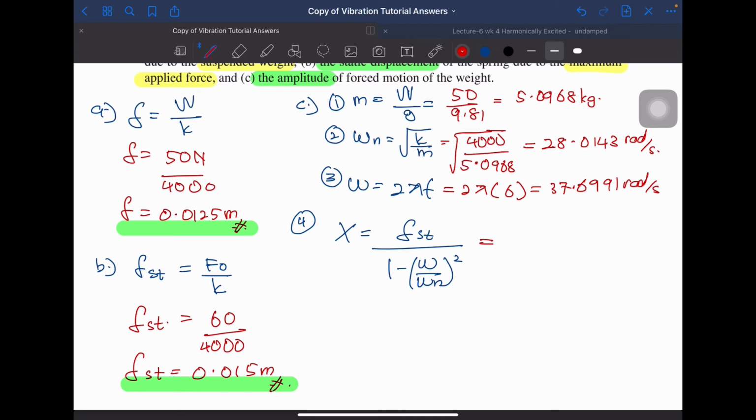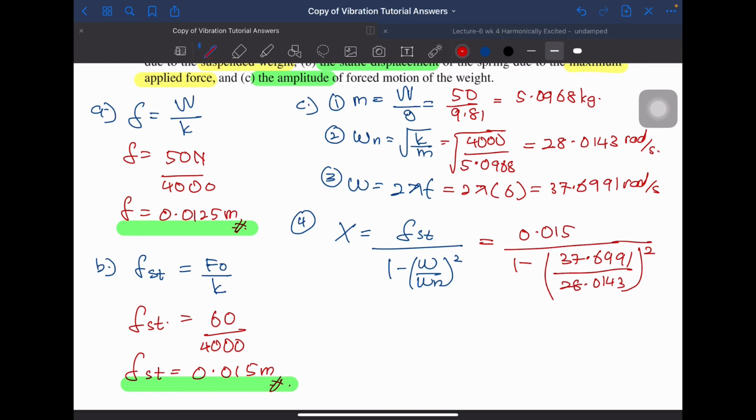Your static deflection is 0.015. Your omega is 37.6991 over omega n, which is 28.0143, squared.